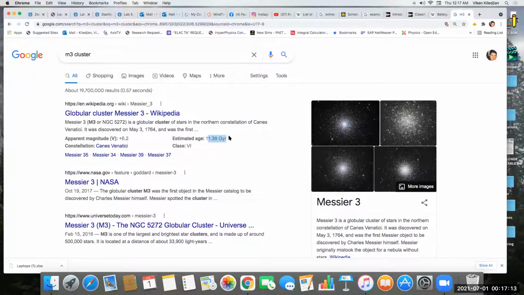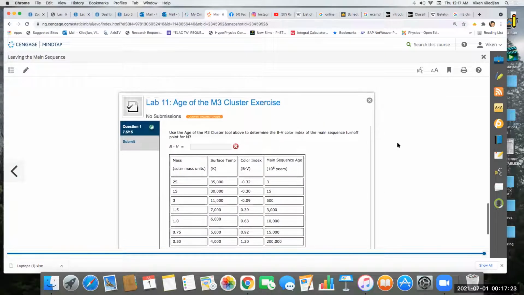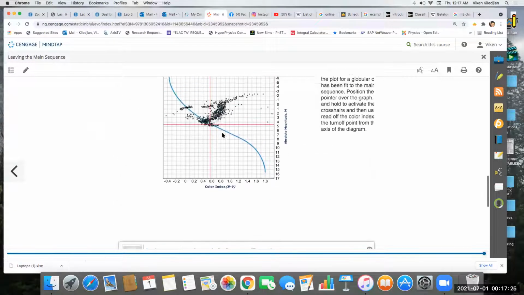Don't just put this answer without basing it on your own result here. That's when Google is dangerous. Don't just use Google to get the answer, because then you're not basing it off your reading.